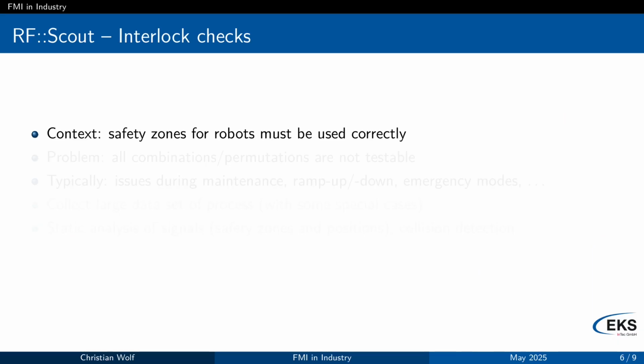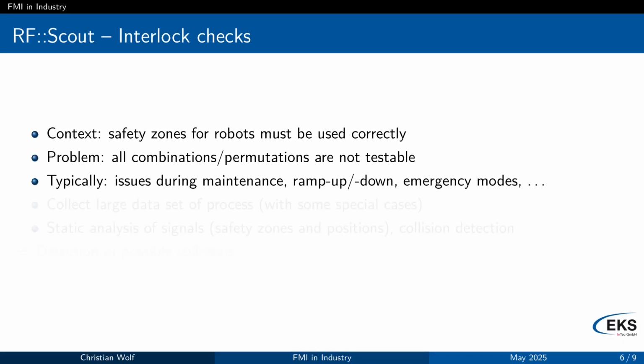One is RF Scout. This is this interlock check thing. We have these safety zones for robots, and they must be used correctly. And in fact, theoretically, it's not that easy, because you have to check all combinations and all permutations, and they are not testable because you cannot in a real world just put the robot in any location and just say, okay, do it, because you would have to program it there.